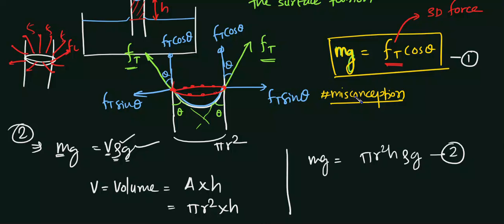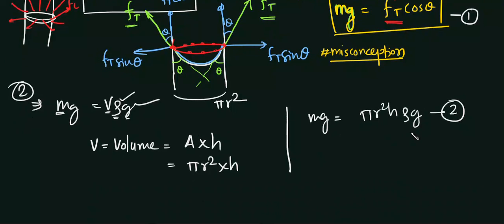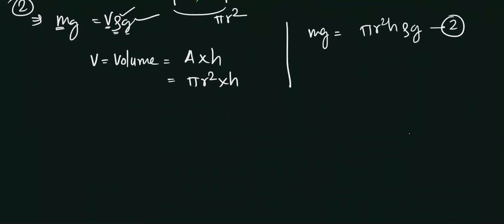This is very simple. Whatever I have done in the second step, you just try to understand what I have done. Now third, this Ft cos theta. What should we do with this Ft cos theta? This is also important. You must understand this Ft is T into L, and this cos theta is multiplied here, isn't it?